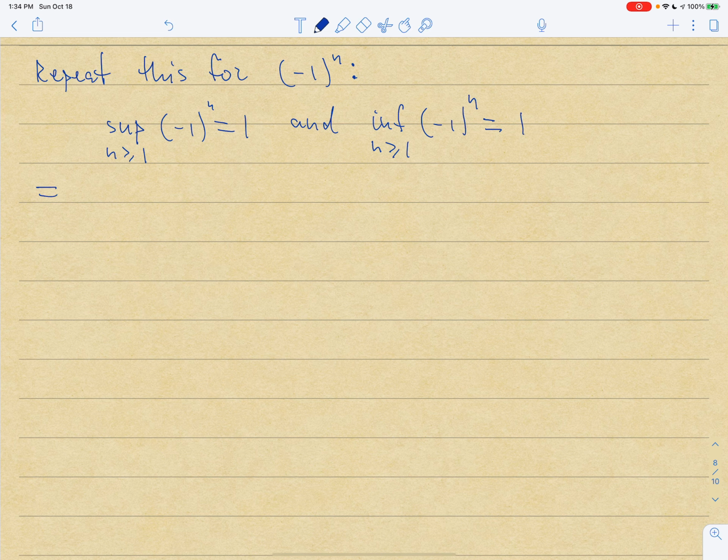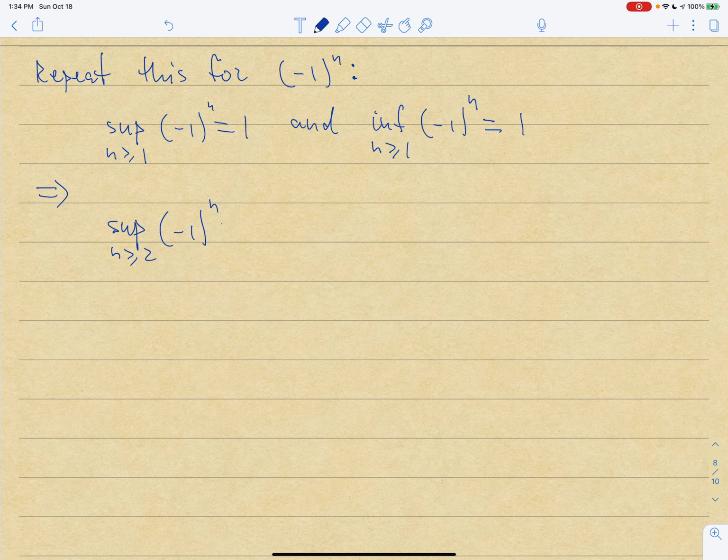If I take supremum, n greater or equal than 2, of the same thing, then the sequence is still oscillating between minus 1 and 1, so I chopped off the first element. But infimum and supremum are still going to be the same, right?